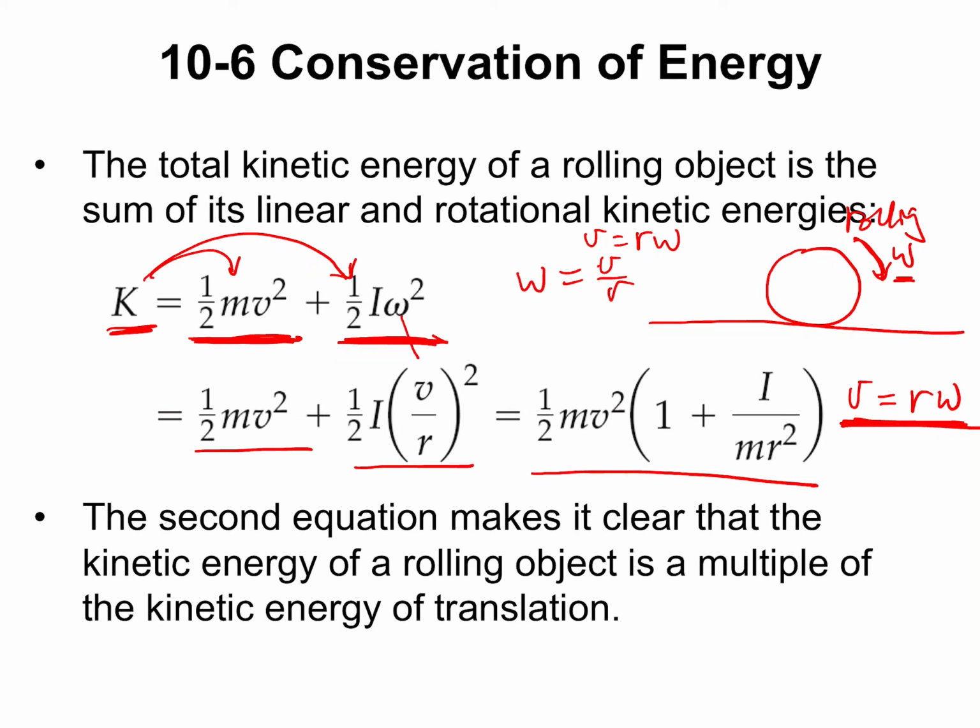You take 1/2 mv square out, and then you have 1 plus moment of inertia divided by mr square. Moment of inertia depends on the object, so you have to look at the object to figure out what the moment of inertia is.